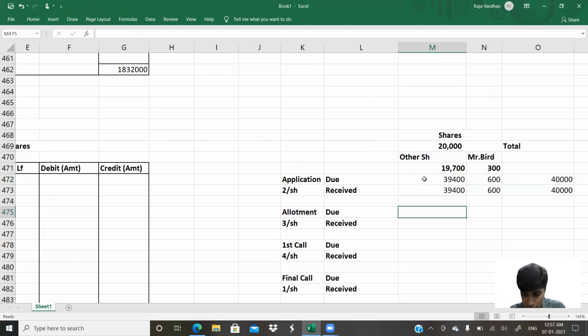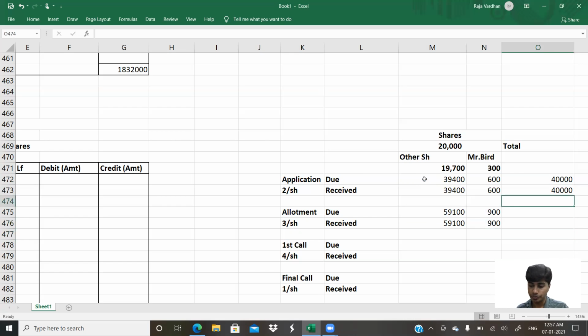Then in allotment, what happened? Allotment, same 19,700 shares. You are supposed to receive into 3. For each share, you are supposed to receive 3. How much did you receive? You received entire money. No problem. And here you are supposed to receive 300 shares multiplied by 3 per share. Did you receive so much? Yes, you received so much.